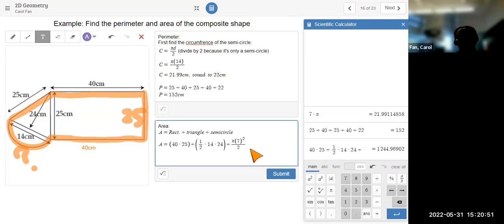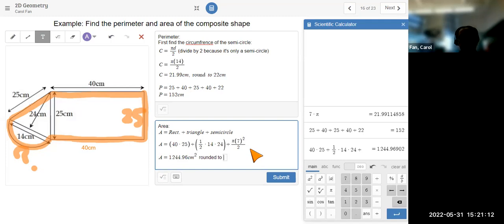And we have A is equal to 1244.96. And we'll round it because we want 1 decimal spot. Oops. Okay, centimeter squared, rounded to 1245 centimeters squared.